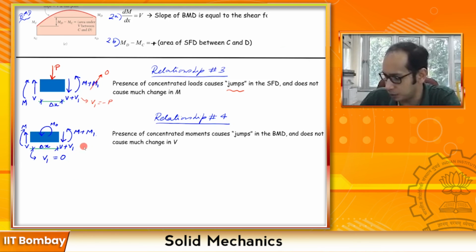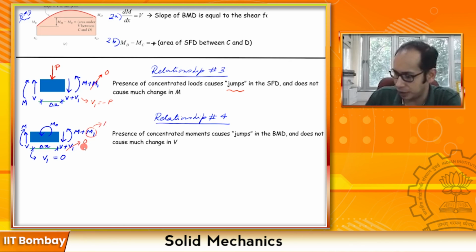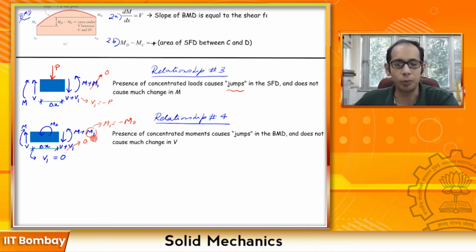So this V1 tends to 0 over here, whereas M1 is quite appreciable, and in this case for the given direction of the moment, M1 comes out to be minus M0. So there is a jump in the moment, but there is no change in the shear. So this is what it says: presence of a concentrated moment causes jumps in the bending moment diagram and does not cause much change in V.